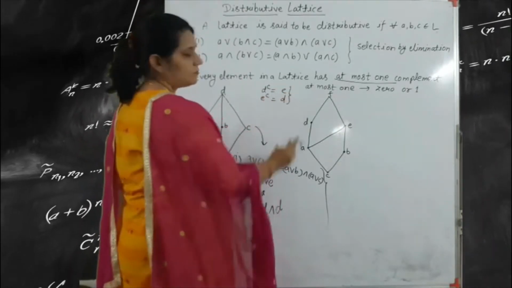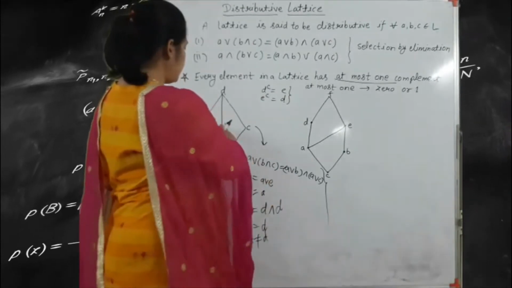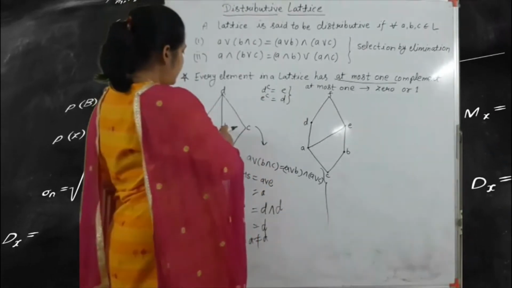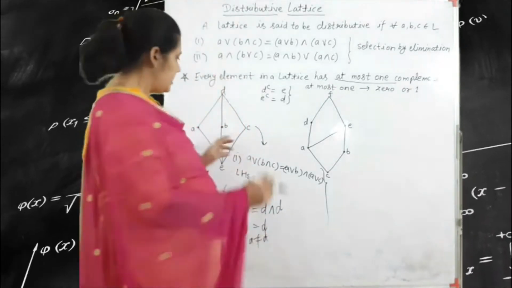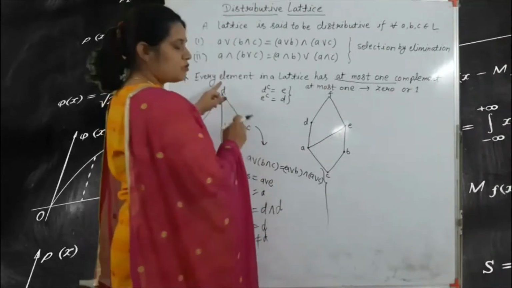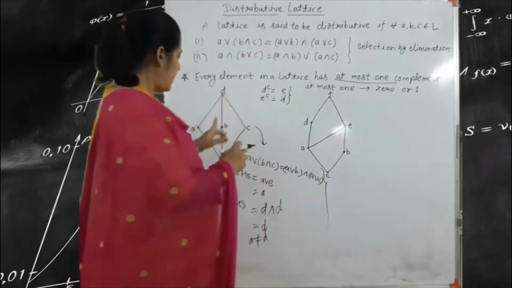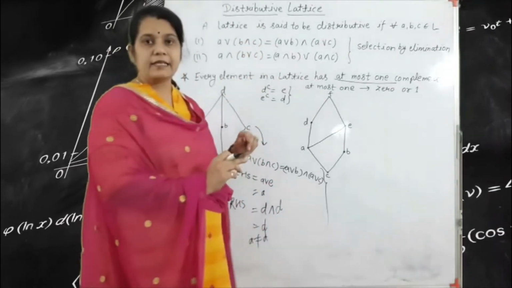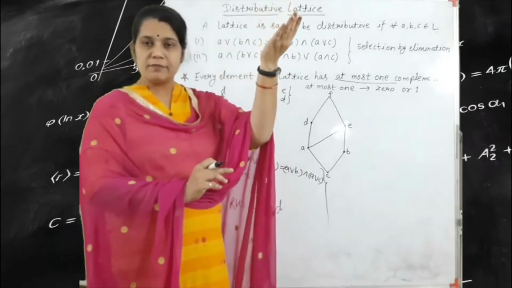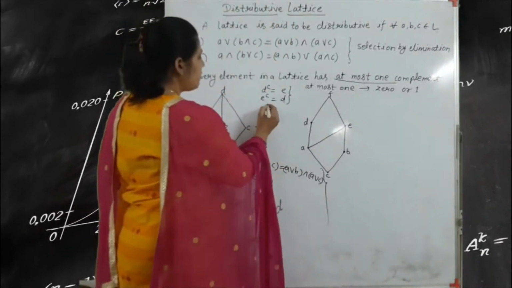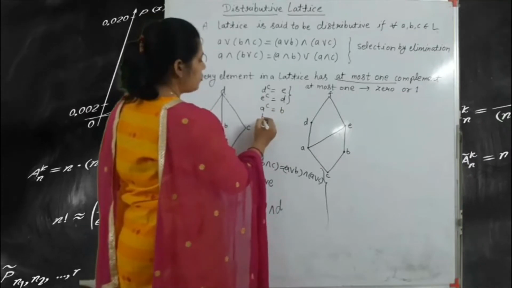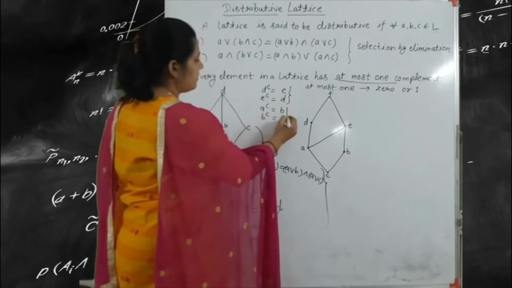D. Okay, if we consider A and B, we have already said what is the process for finding the complement. So if we consider A and B, the first join is D and the first meet is E, and join means top of the system, and meet means bottom of the system. So the complement of A is equal to B and complement of B is equal to A.